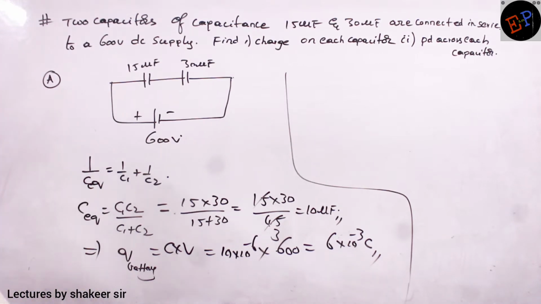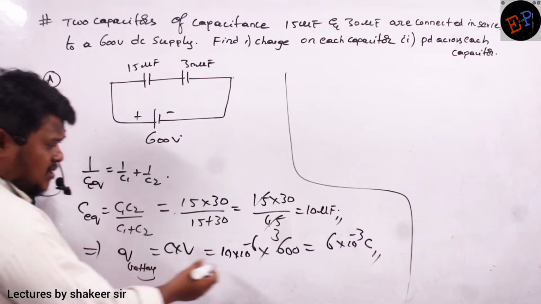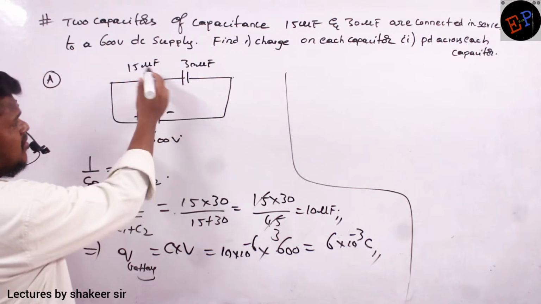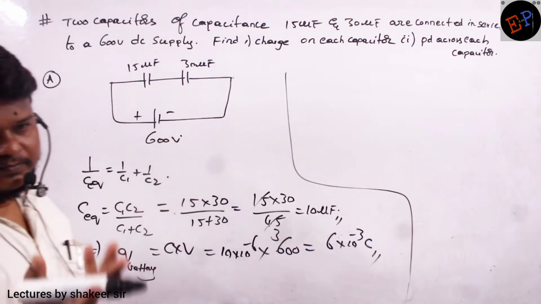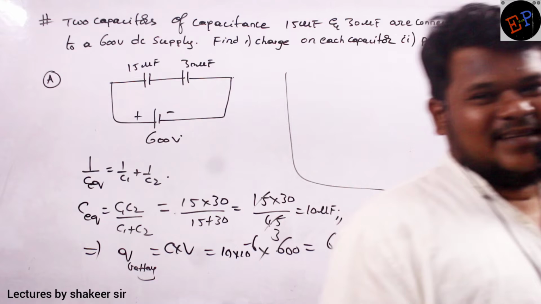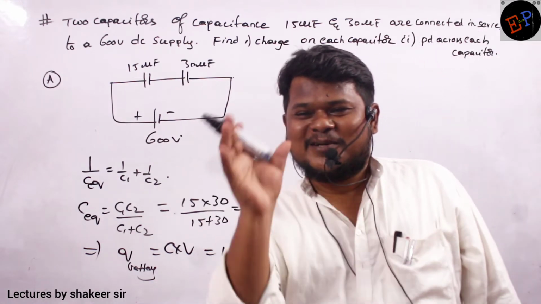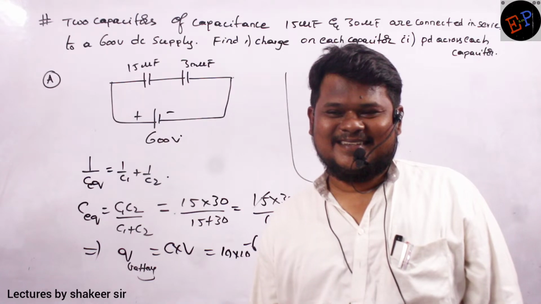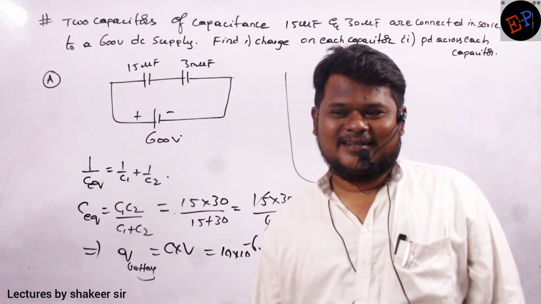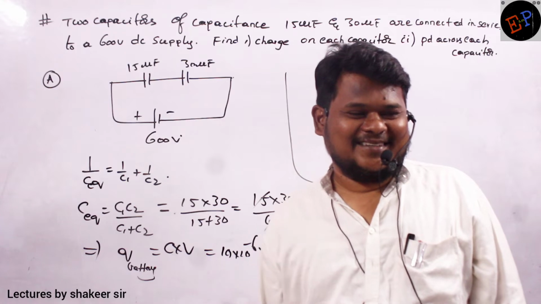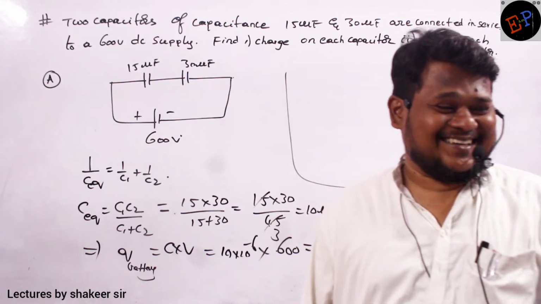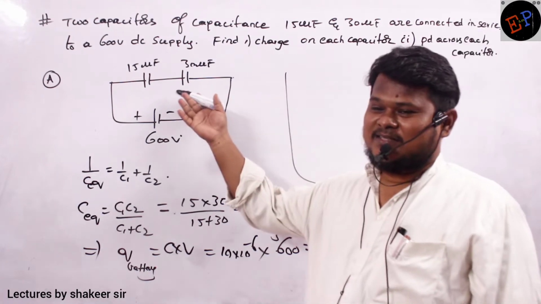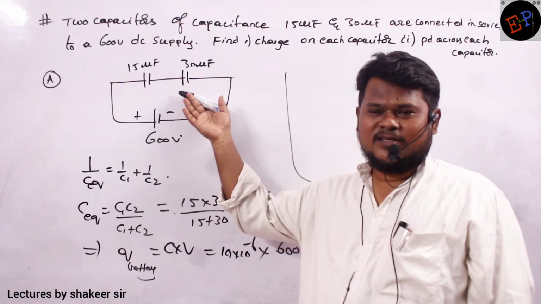Are you able to understand? So if this is the charge supplied by the battery, can you say what is the charge present on each capacitor? What kind of connection is this? Series connection.